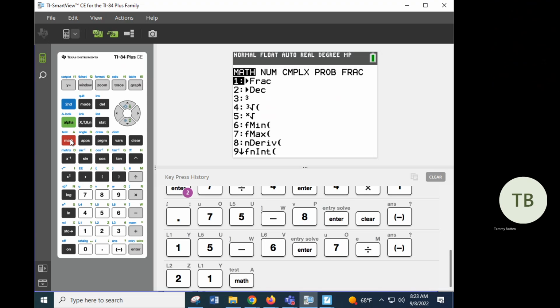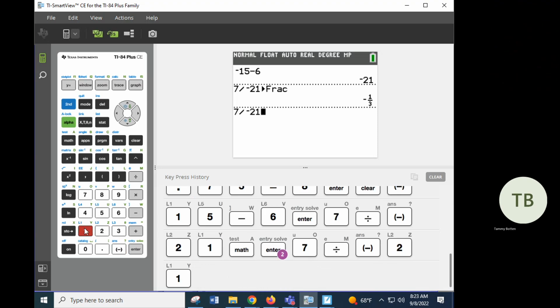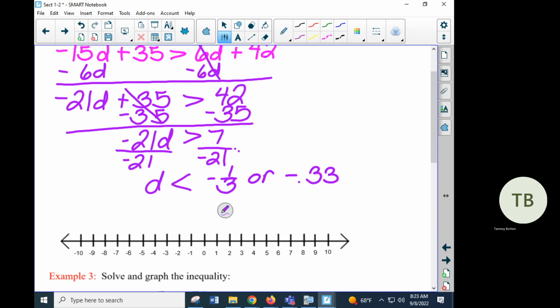So if you go to math and then do enter, it will reduce it. Or what you can do is just go 7 divided by negative 21 and put it as a decimal. That's fine too. Okay. So this is going to be either negative 1/3 or negative 0.33.